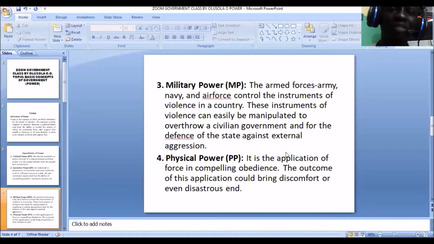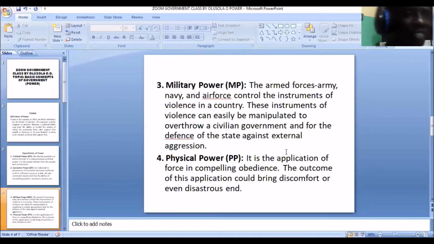And that's why at times, if the person cannot bear it, it results in violence between the two parties, or conflict or fights. It happens in our secondary schools, in our primary schools, even in higher institutions where you have two different courts clashing. That is physical power.